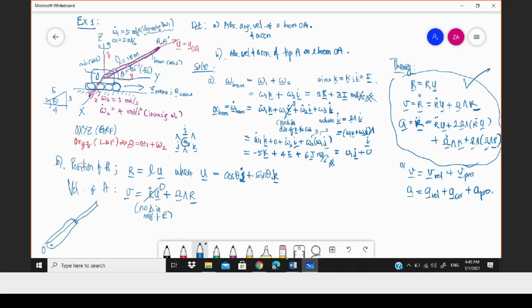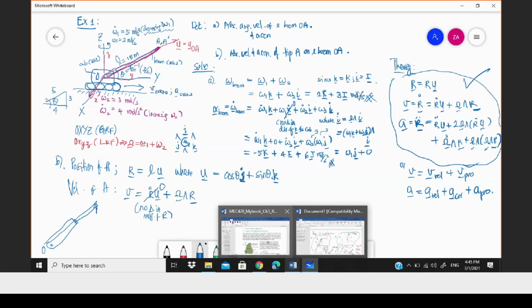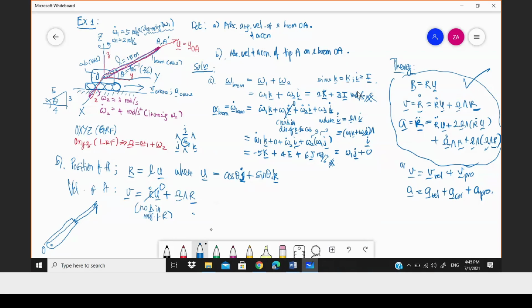Sorry, my drawing is too bad. Let me erase this. I don't like my drawing. Okay, telescopic arm. I'm sure you have seen this a lot in the actual design, whenever you see construction.